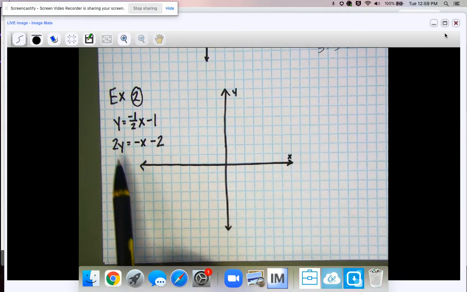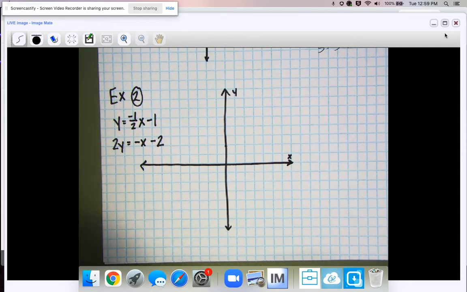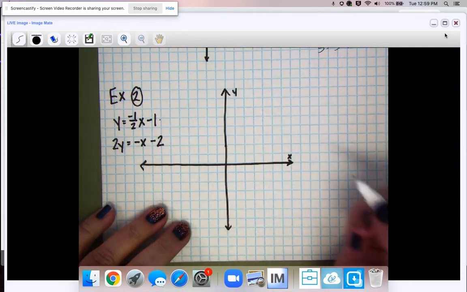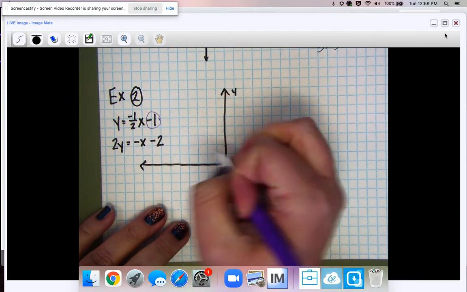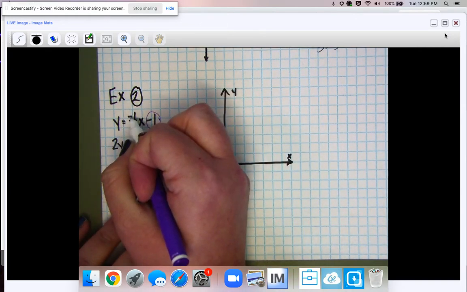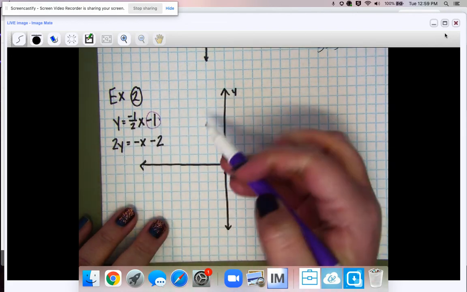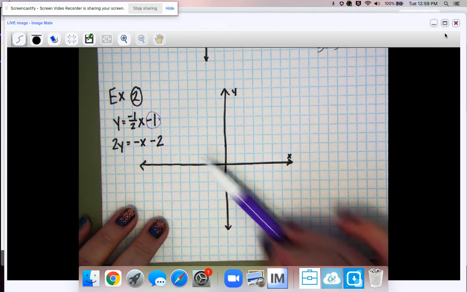In this one, I can see that the second equation is not written in slope-intercept form, so I'll have to do a little work on that. I'll go ahead and graph my first line. So this is my y-intercept at -1. My slope is -1/2, so that means it's going to be decreasing, going in this direction.